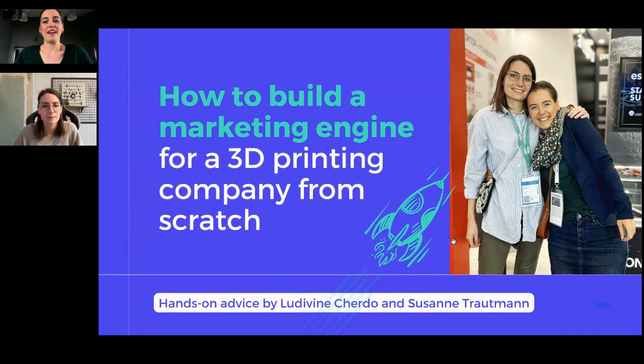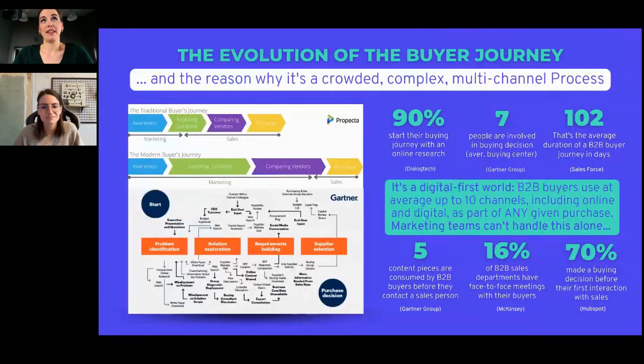And my very first slide is probably a bit confusing, but don't be afraid because I will walk you through that, because the track that this marketing engine is running on, well, this is the buyer journey. And the buyer journey has changed completely from back then when I started becoming a marketer to today.